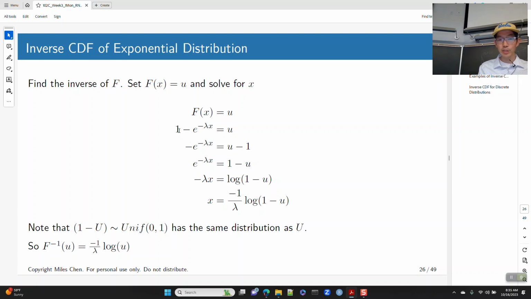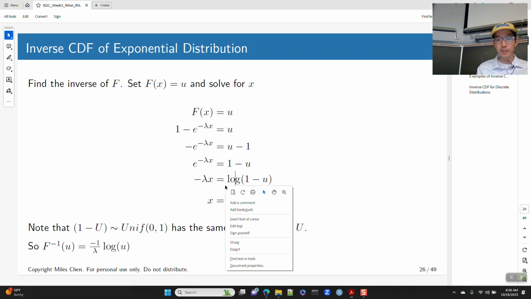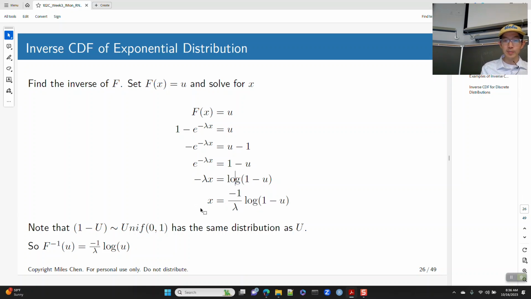I'm going to subtract 1 from both sides, and then multiply by negative 1. I'm going to get e to the negative lambda x is equal to 1 minus u. And then I'll take the log of both sides, always the natural log here, and then divide both sides by negative lambda. So I get negative 1 over lambda times log of 1 minus u.